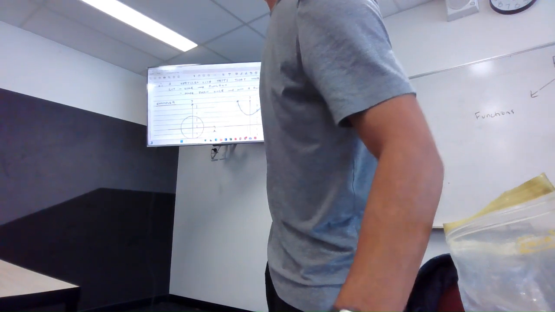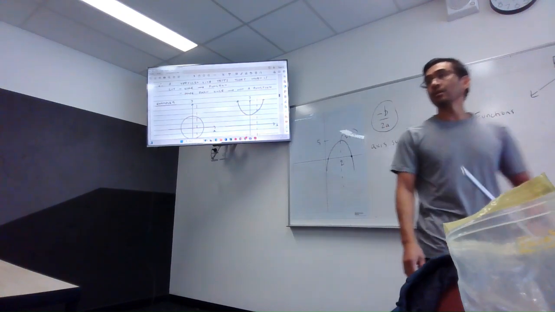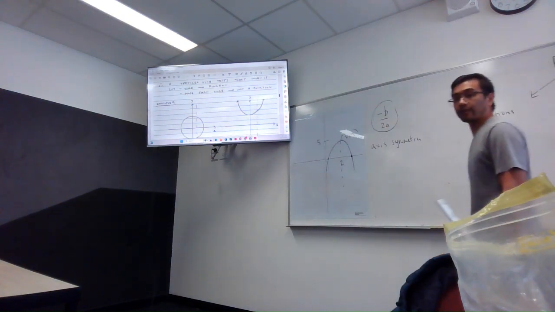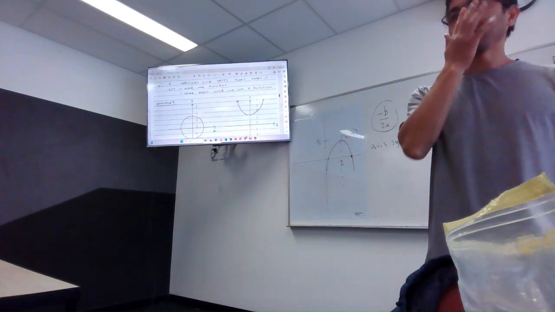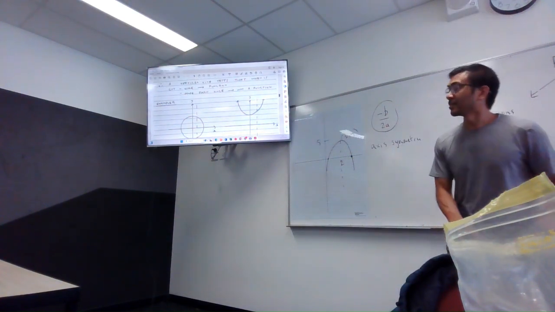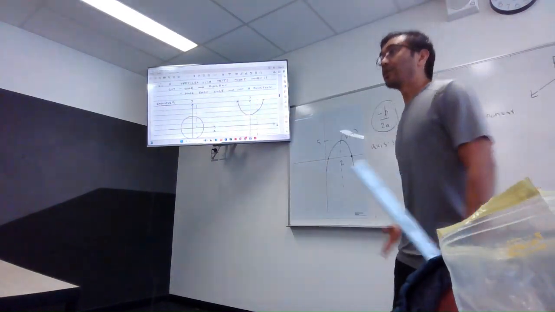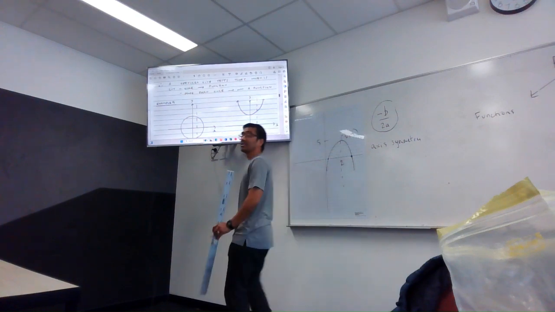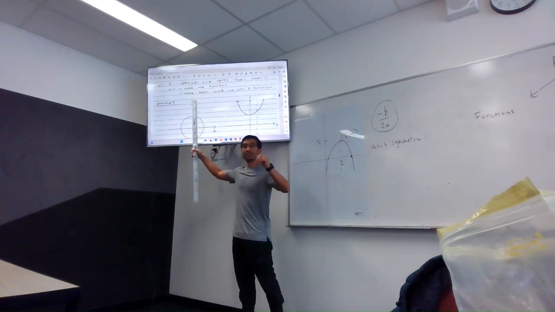Here now, a circle. Nathan, the circle, function or not a function? Not a function. We like circles. Circles are nice and pretty, but they're not functions. It cuts twice.